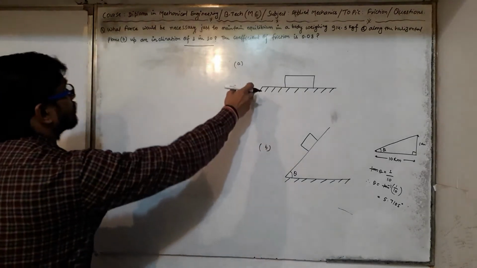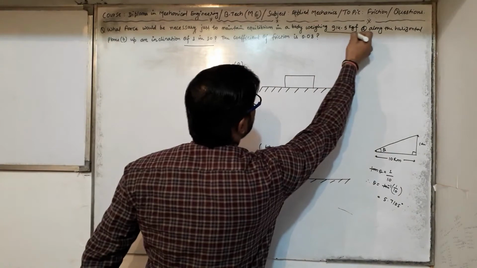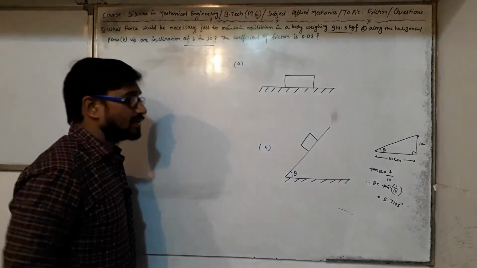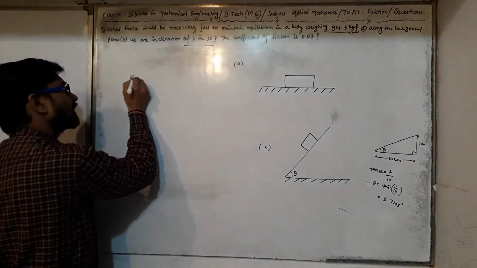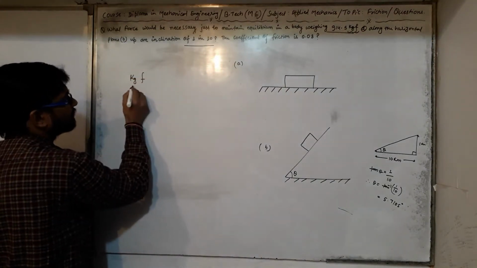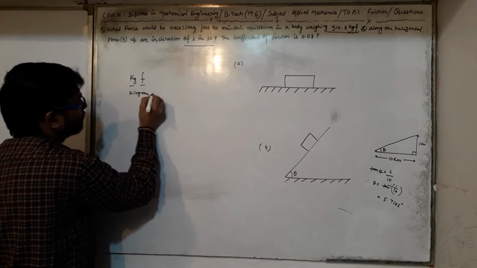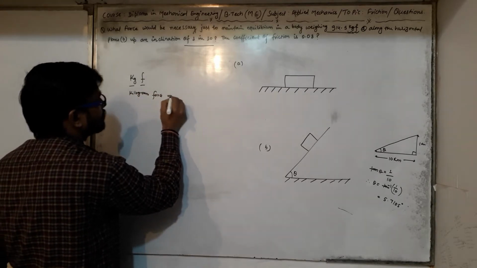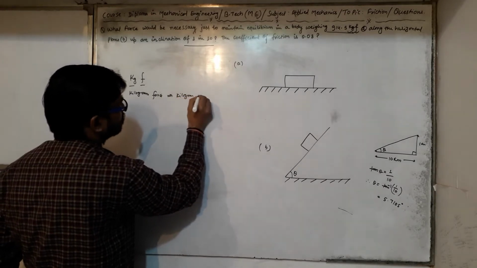Here the question says, for the first bit, weighing 914.5 kgf. See its unit, kgf, my dear students. Kgf's full form is kilogram force. In other words we can say kilogram weight.